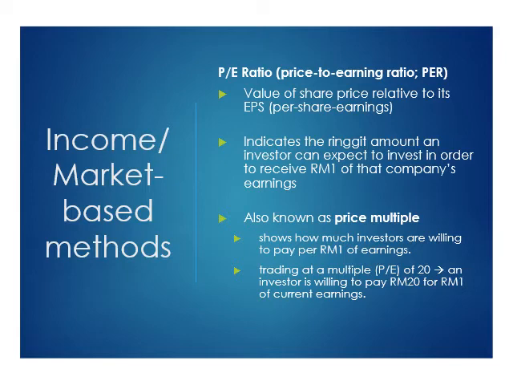For example, if a company is currently trading at a multiple of 20, it means investors are willing to pay 20 ringgit for every 1 ringgit earnings of the company. So if the current earnings of the company is 200 million ringgit, investors are willing to pay 4,000 million ringgit or 4 billion ringgit. That is how much they value the company.